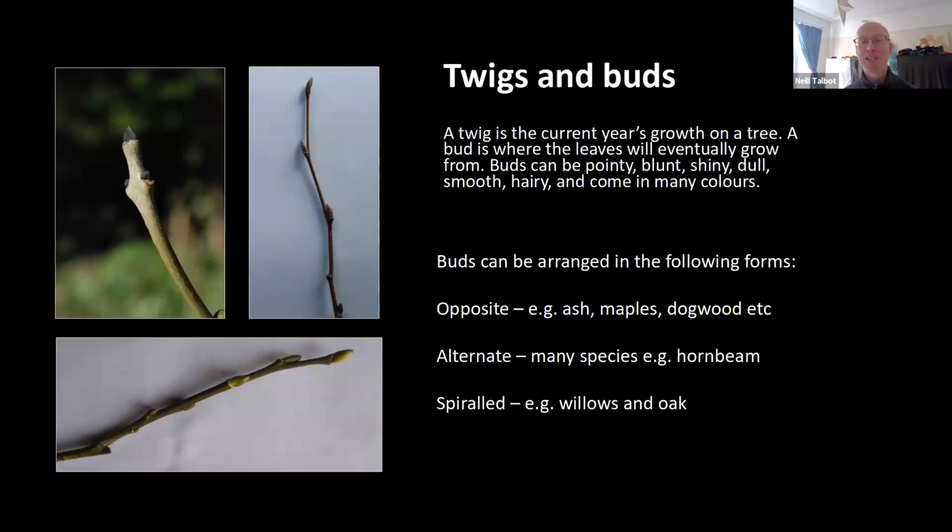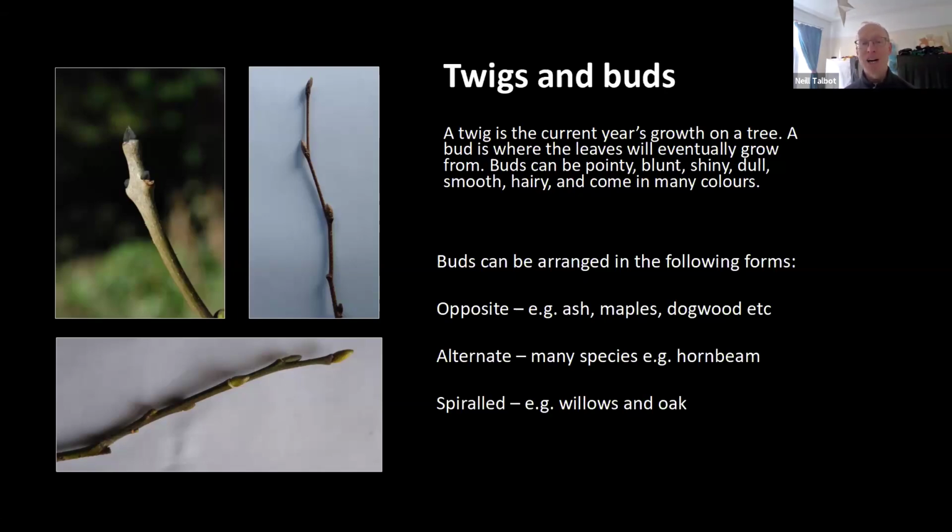But compared to the next type, they are very close to being opposite each other. The opposite buds will include things like maples, dogwood, and so on. There's quite a few that are opposite, but there's more that are alternate.